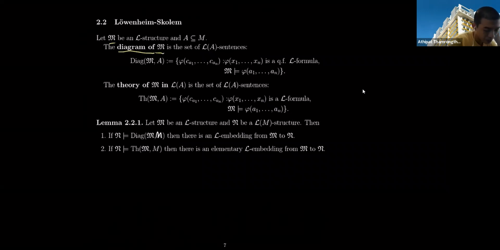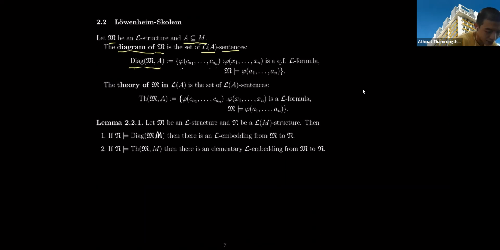Let M be an L-structure and A be a subset of M. The diagram of M is the set of L_A sentences of this form: phi(c_a1, ..., c_an).